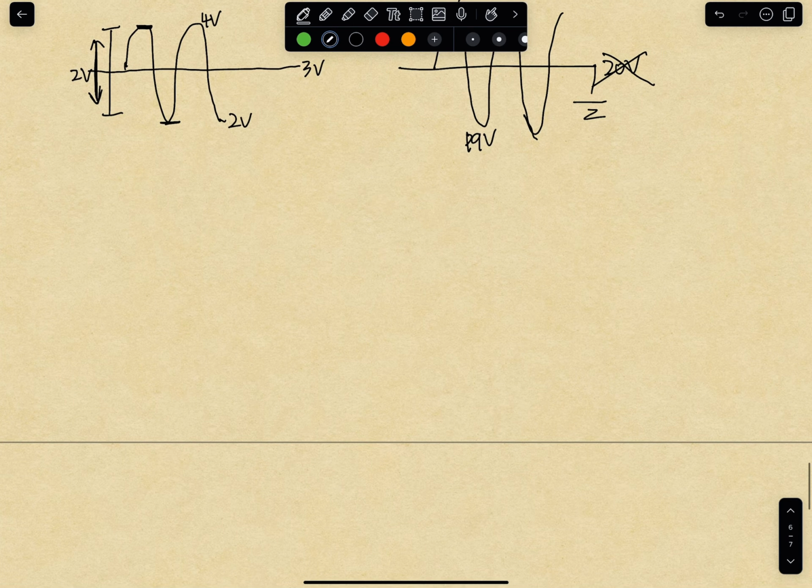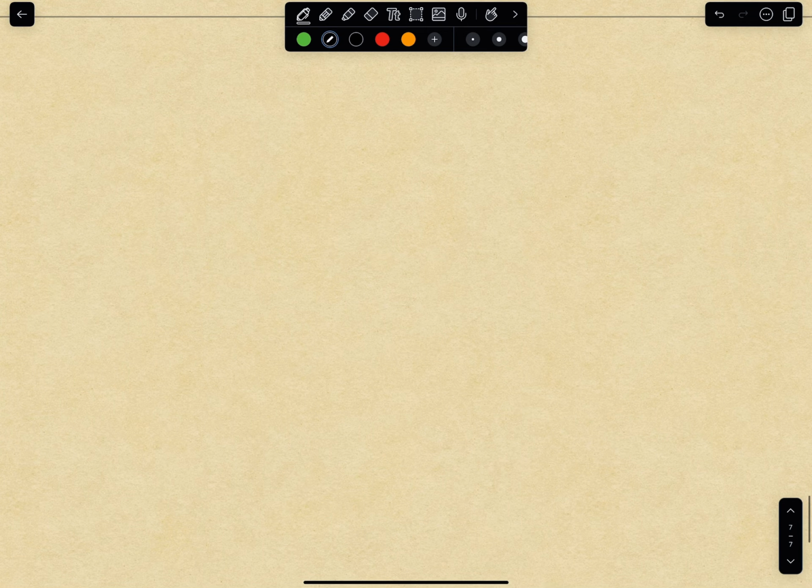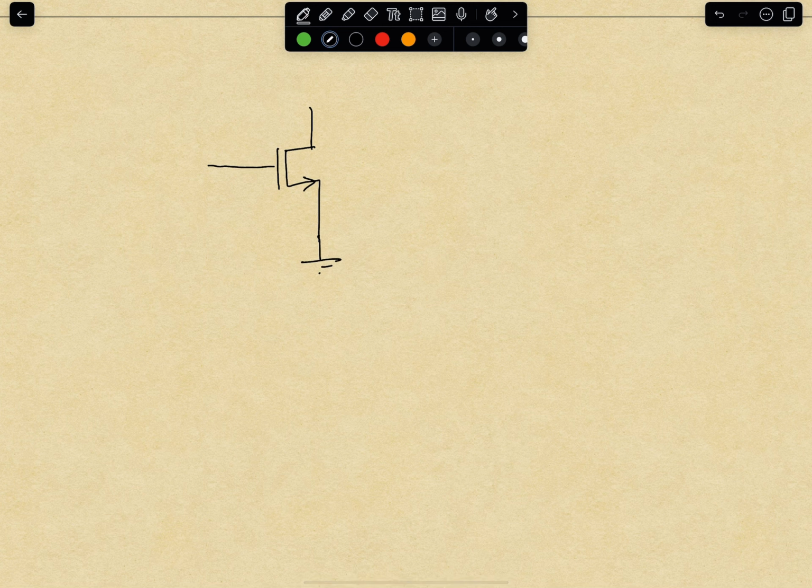Let's start an example with an NMOS transistor. The source is grounded. When you are doing biasing, you can always consider the gate voltage has two parts.